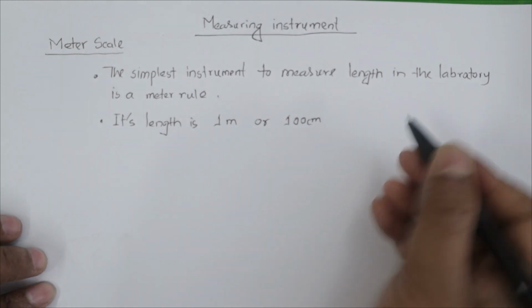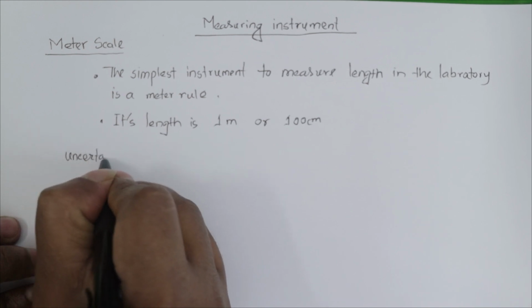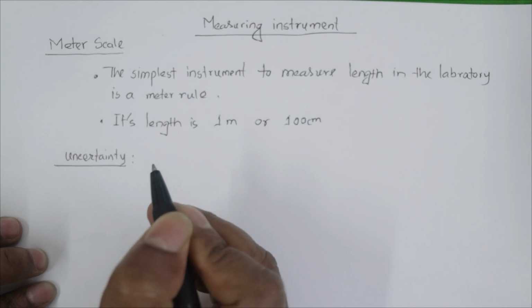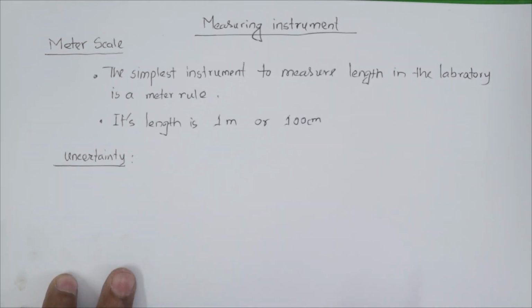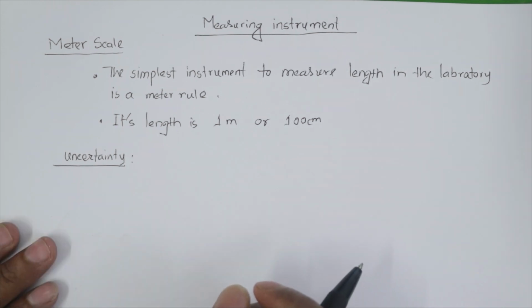So uncertainty of the meter rule. What is the uncertainty? The minimum value by which an instrument can measure accurately is called uncertainty.